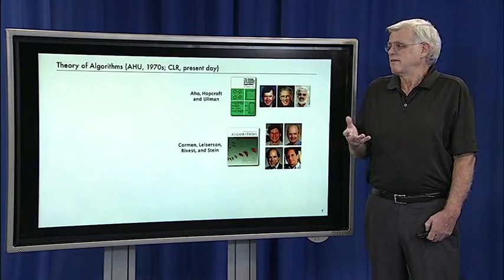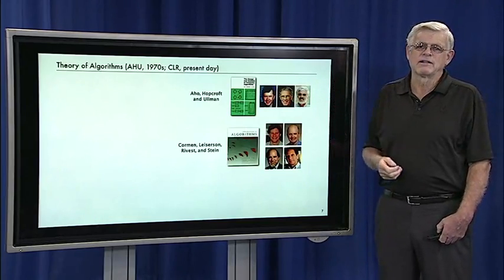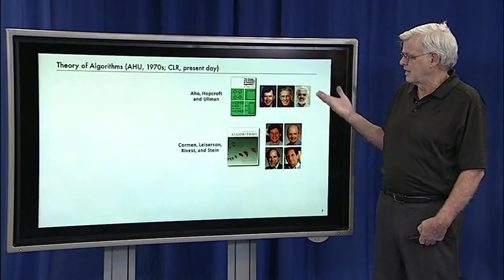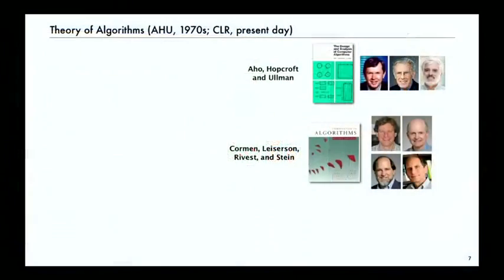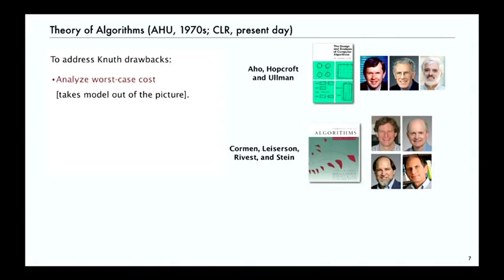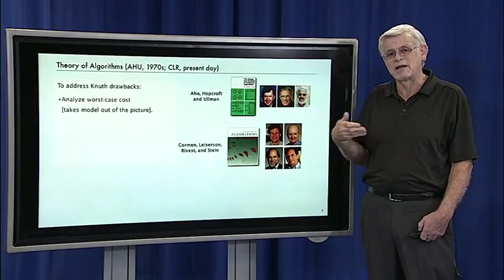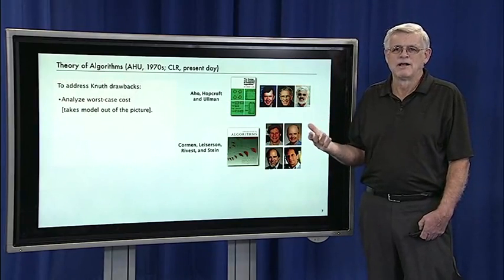Now, in the 1970s and even up to the present day, the study of algorithms has revolved around books by Aho, Hopcroft, and Ullman, Cormen, Leiserson, Rivest, and Stein, and others. They try to address Knuth's drawbacks by, first of all, just analyzing the worst case costs. What that does is it takes the model pretty much out of the picture.